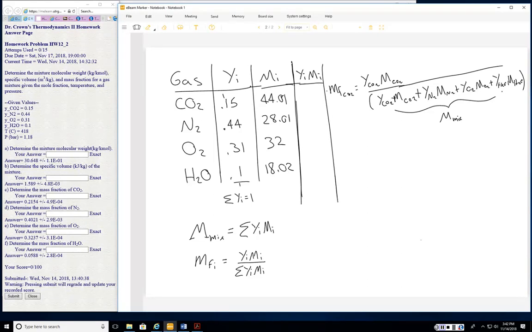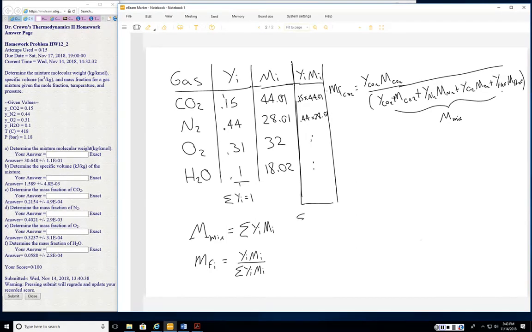So 0.15 times 44.01, and 0.44 times 28.01, and so forth. Do that for the others.